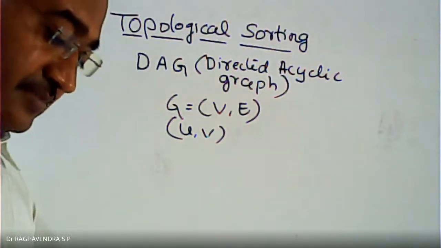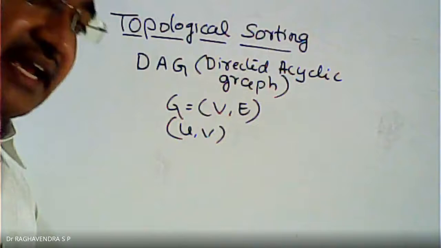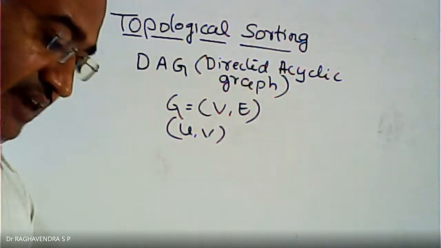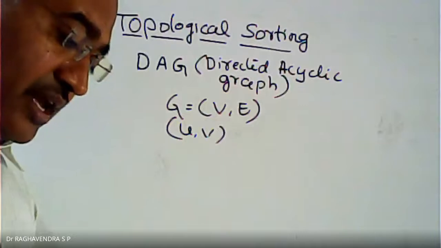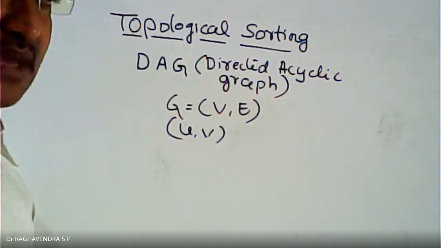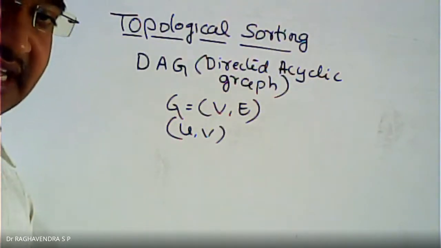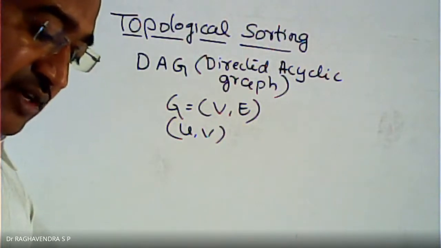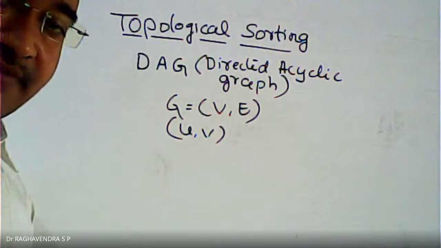For a cyclic graph, no linear ordering is possible.